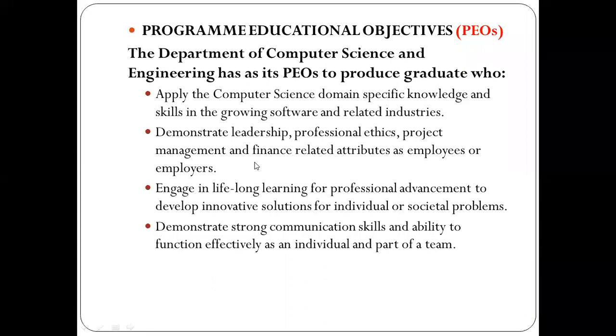Employees means if you are working for any organization; or if you are creating your own organization or your own company, then we call you an employer. The third PEO is to engage in lifelong learning for professional advancement to develop innovative solutions for individual or societal problems. The fourth one is to demonstrate strong communication skills and ability to function effectively as an individual and as part of a team.